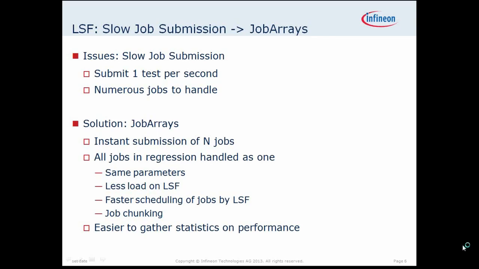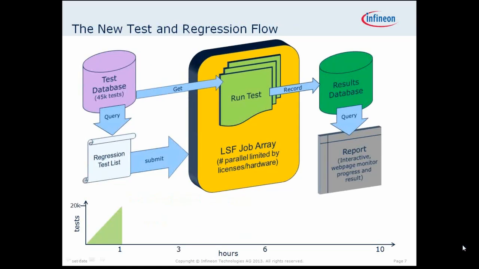So to have a look at our new regression system, let's have a look at the new flow. So here we have our test database. Looking at the timescale along the bottom, we originally had regressions that were taking us from time 0 to 10 hours to run, which was basically an overnight regression.